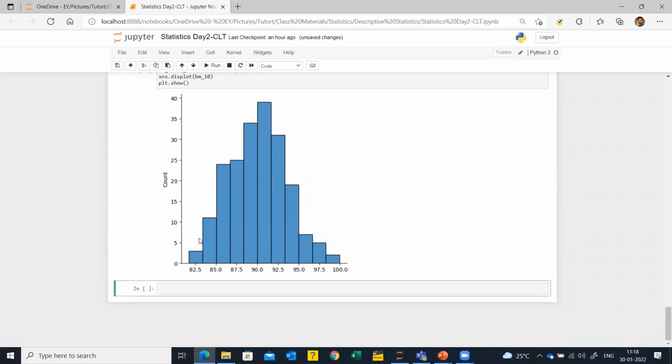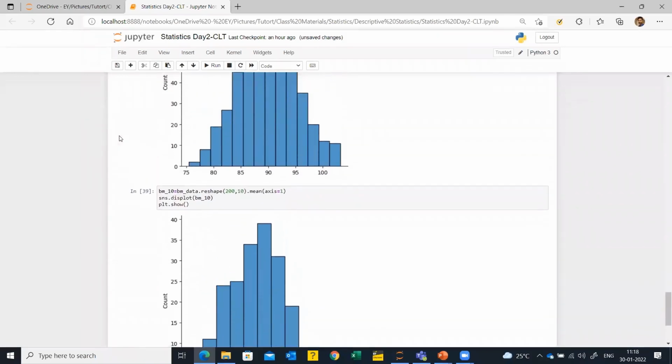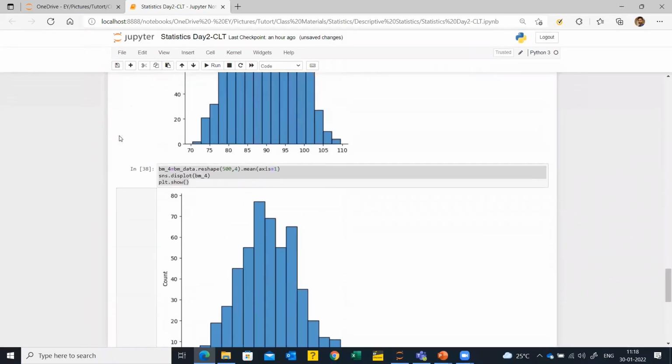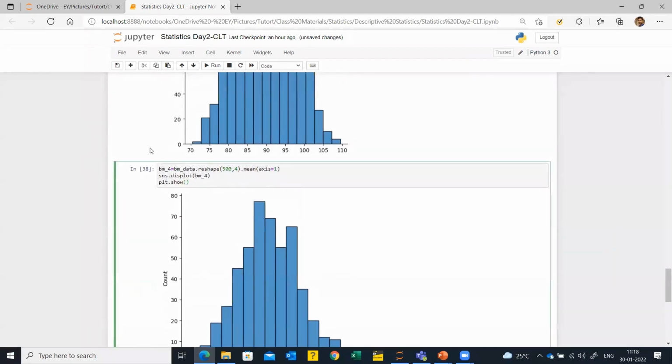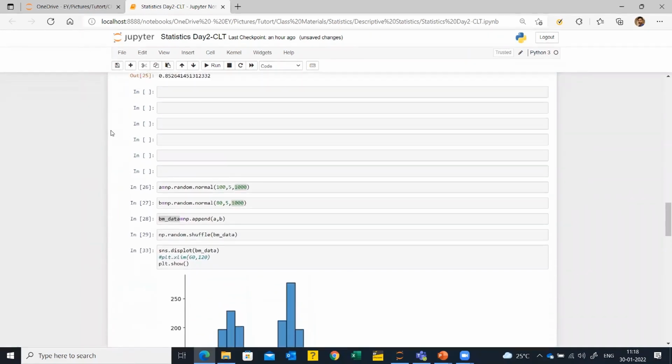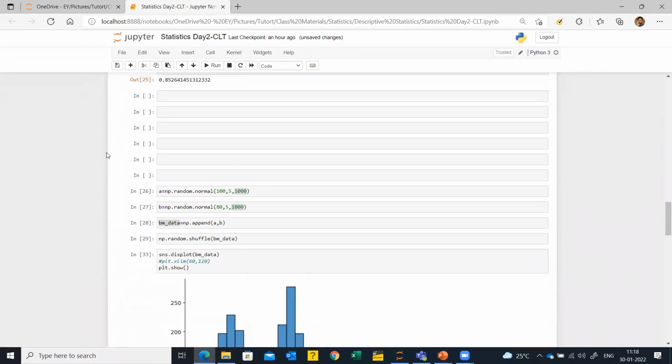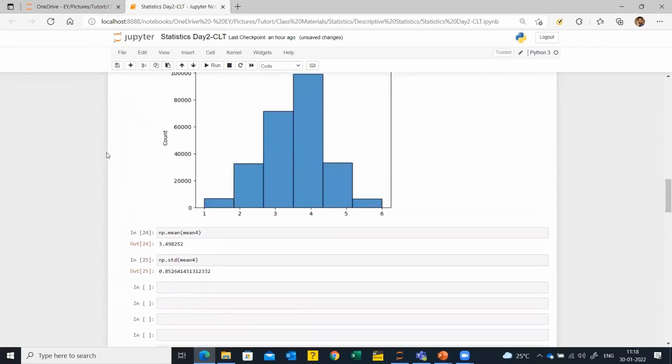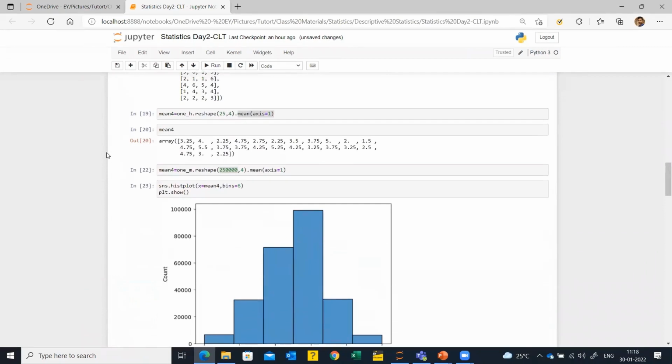Alankar, I'm getting a doubt here. When I'm calculating standard deviation for bm_2 and bm_4, as we increase sample size, standard deviation should decrease. The standard deviation which is coming after calculation is not less. So what was your initial population standard deviation?